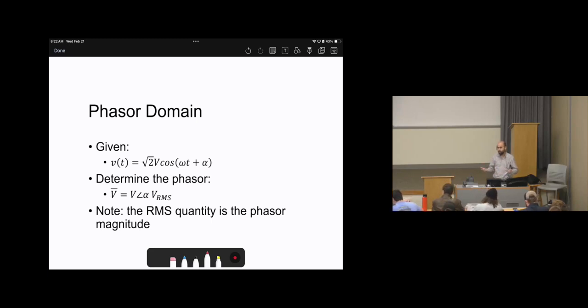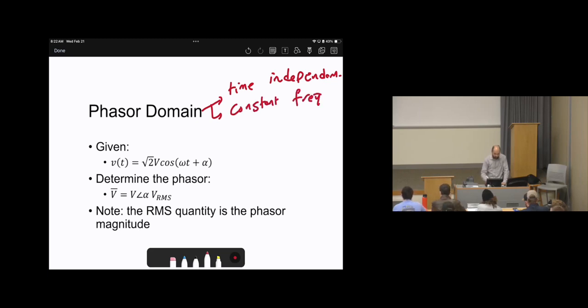Then we can apply DC circuit techniques like parallel, series, etc., which will make life easier. Here in the phasor domain, it's time independent. Also, we assume we are at constant frequency.